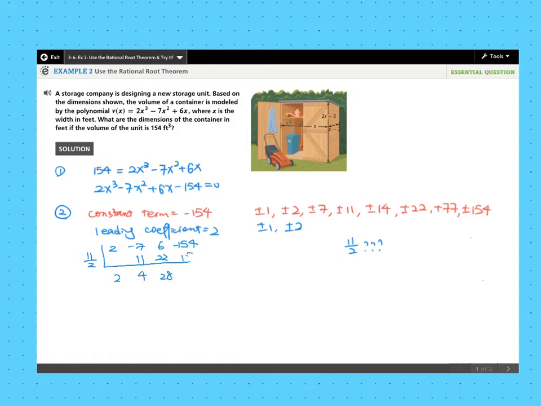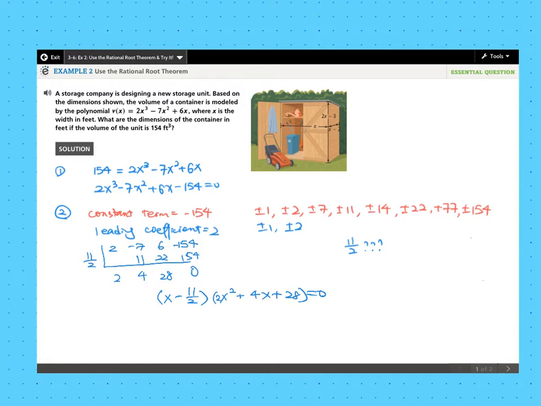Then that's 154. So I have 0 remainder. Perfect, which means that x minus 11 over 2 is a factor of the polynomial, and the remainder of that polynomial is 2x squared, 1 degree down, plus 4x plus 28 equals 0.